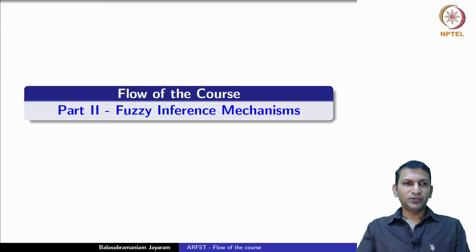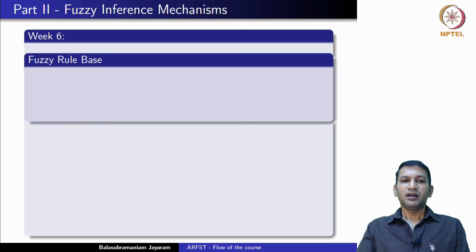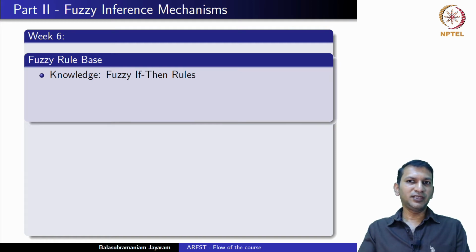In part 2 of this course, we will enter into the mainstay of this course, which are these fuzzy inference mechanisms. To understand a fuzzy inference mechanism, we need to discuss what we term as fuzzy if-then rule base. We have seen that knowledge can be encoded in the form of a conditional, and in this course they will typically be in the form of fuzzy if-then rules.